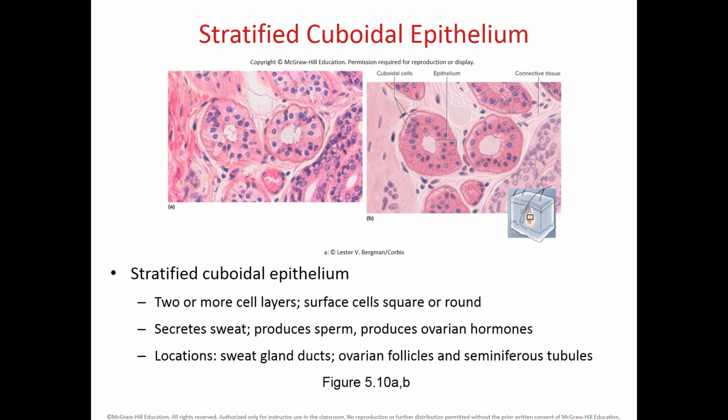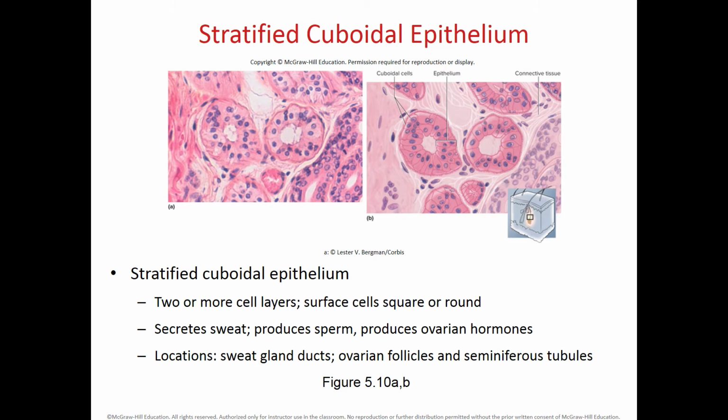Now, stratified cuboidal epithelium. You have two or more cell layers, and these surface cell layers are square, or sometimes they look round. And the functions of these cells will be to secrete substances like sweat. Some of the cells produce sperm cells. Some of them produce hormones like estrogens and progesterone in the ovaries.